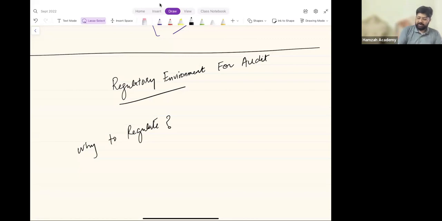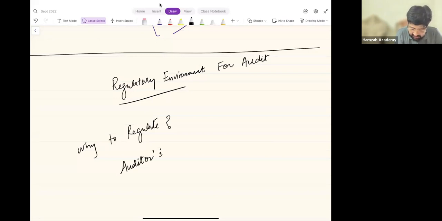Okay, all right. So let me proceed and explain it to you. Your point is valid, that compliance and things are done properly. But why are things done properly? Remember, the audit profession is a public profession.